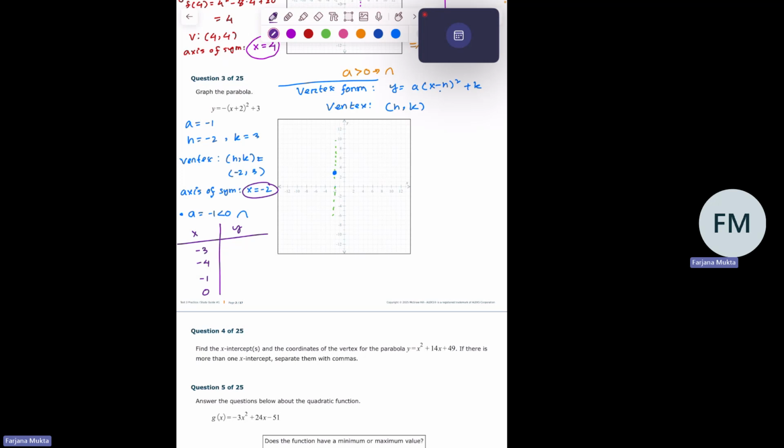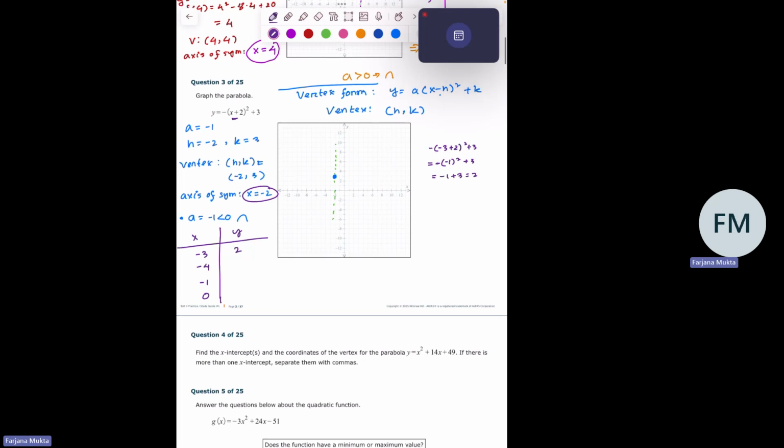All right, so now we need to go ahead and plug them in, let's do the algebra and find these points. Okay, so if we plug in -3 in our equation here, we are going to get negative of (-3 plus 2) squared plus 3, which will be negative of (-1) squared plus 3, and (-1) squared is just +1, right? So on the outside you have a -1 plus 3, which is +2.